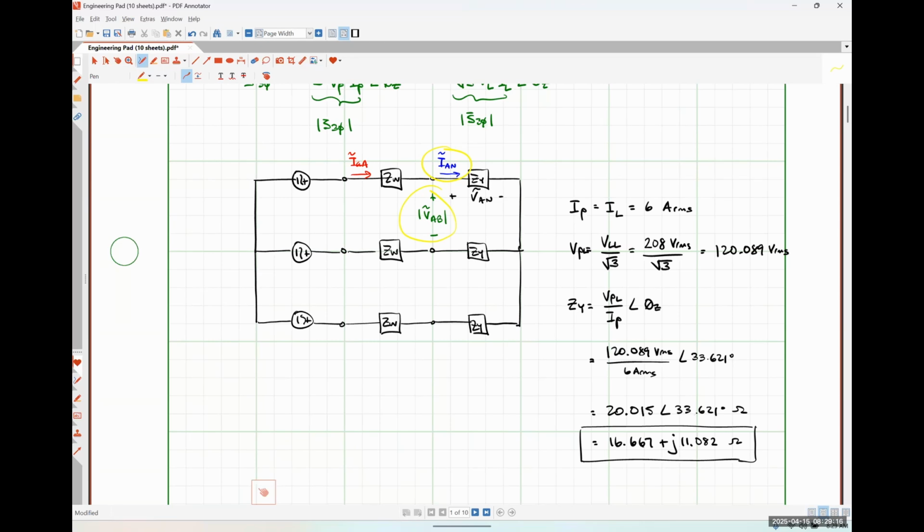And similarly, if we had a delta connected load, our line current wouldn't be the current flowing through each phase of the load. So it's never going to work out correctly to calculate impedance using line quantities. We always need to use phase-related quantities.